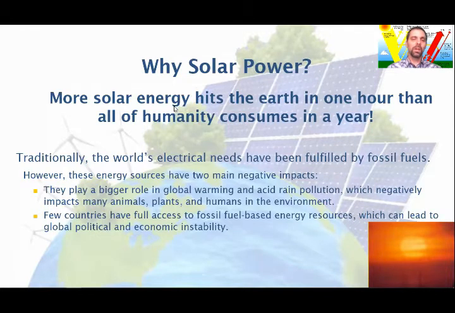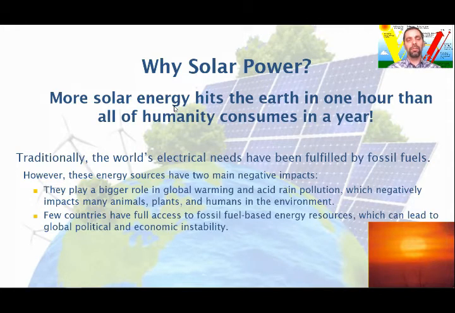Traditionally, the world's electrical needs have been fulfilled by fossil fuels like oil, natural gas, and coal. However, these energy sources have two main negative impacts. They play a big role in global warming and acid rain pollution, which negatively impact many animals, plants, and humans in the environment.